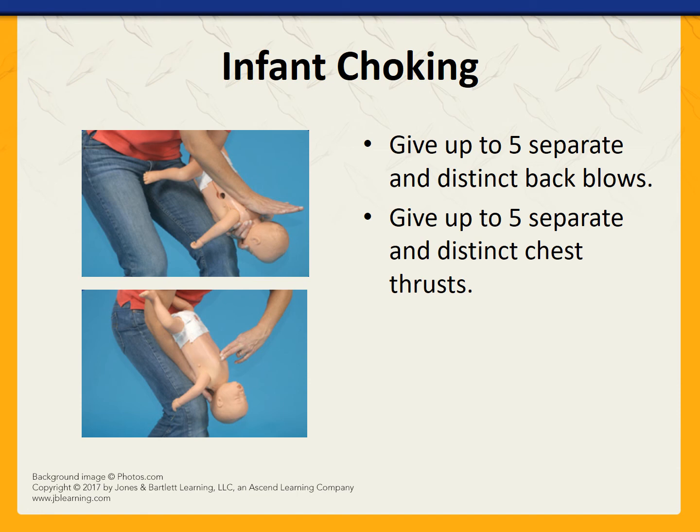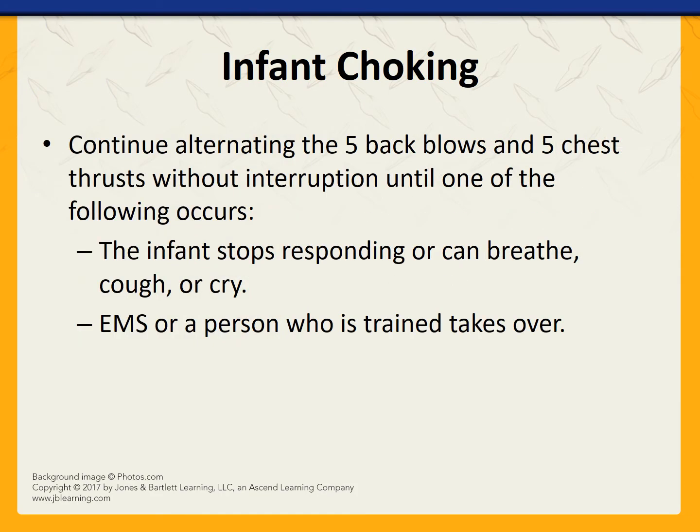Give up to 5 separate and distinct chest thrusts, which are like the compressions that we do for CPR. Remember to repeat this process until the infant stops responding or can breathe, cough, or cry, or EMS or a person who is trained takes over.